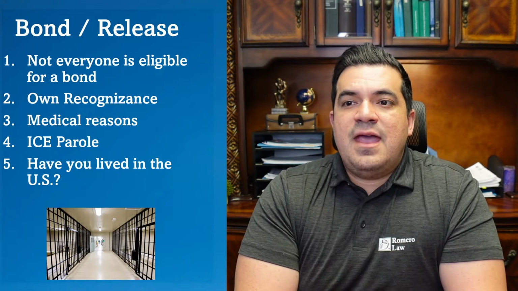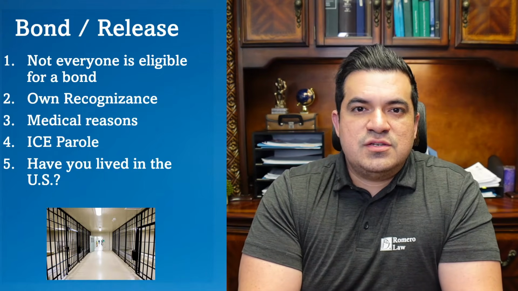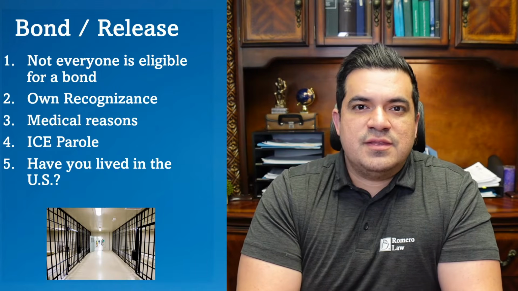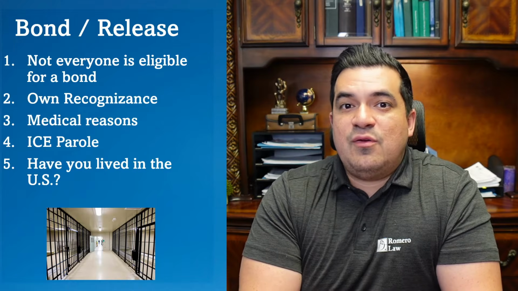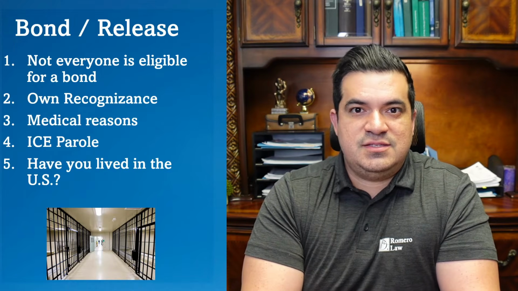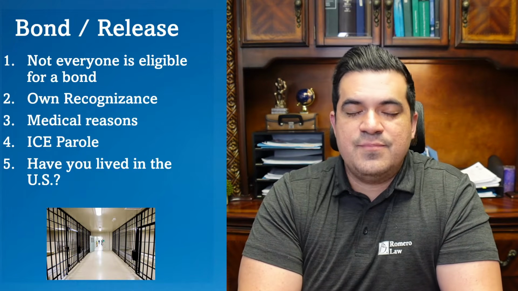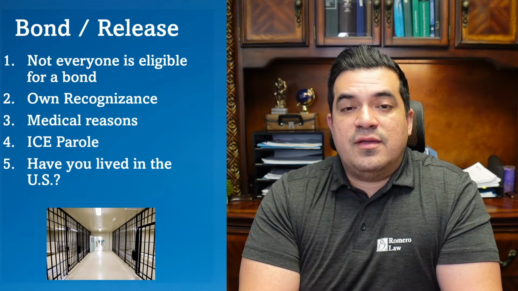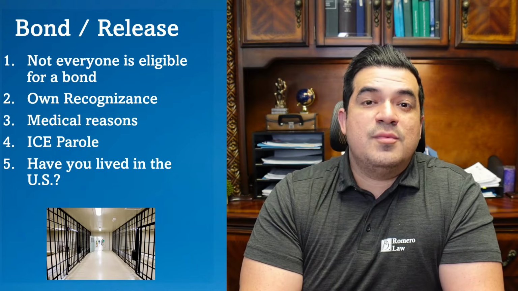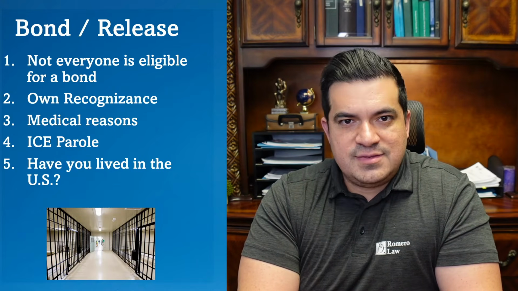In general, for a judge or ICE to release a person, they have to determine two things. One, that you're not a flight risk, meaning that you're not going to flee justice or hide. And two, that you're not a danger to the community or the country. This is where they look at criminal history and criminal arrests.